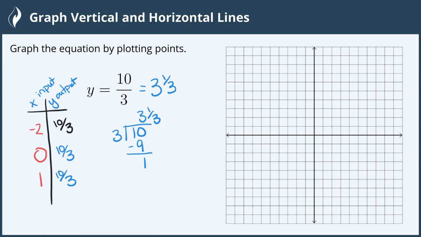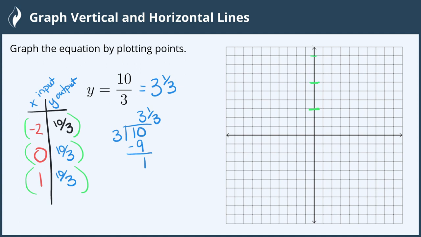Now we can go ahead and graph all of our points: -2 and 10/3, 0 and 10/3, and 1 and 10/3. And so to graph the 10/3, we'll need to make our scale a little bigger so that we can get to a 1/3. To do that, I'm going to make our scale using 3 of these lines.